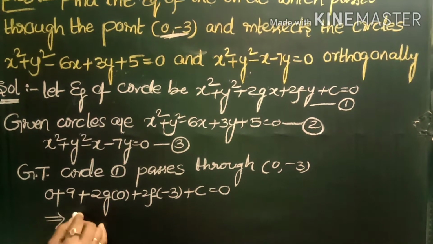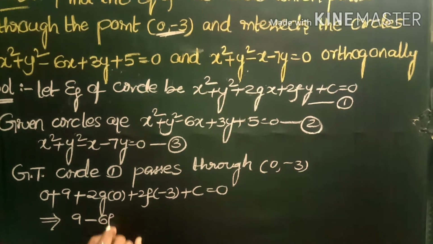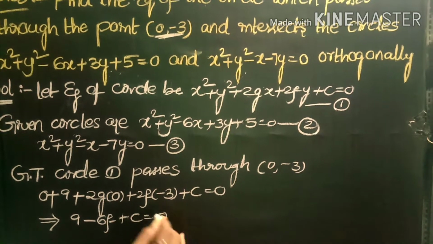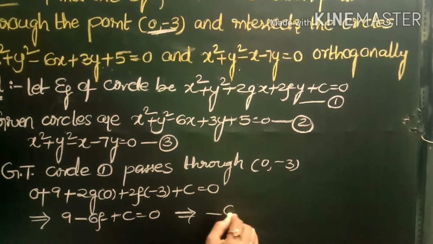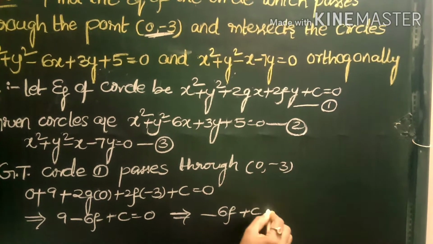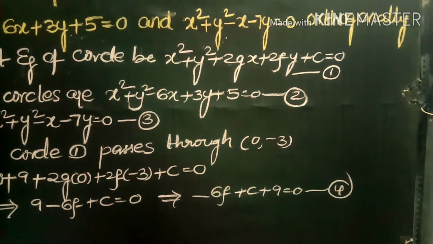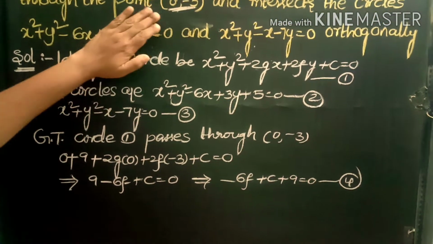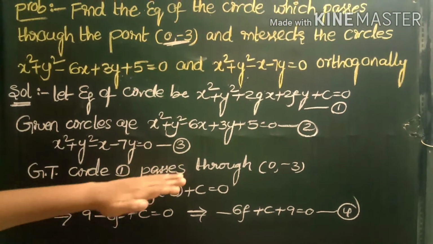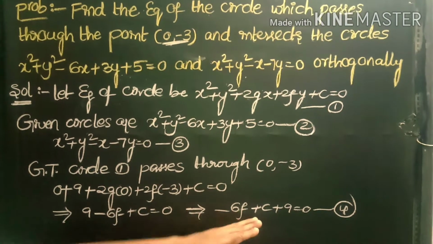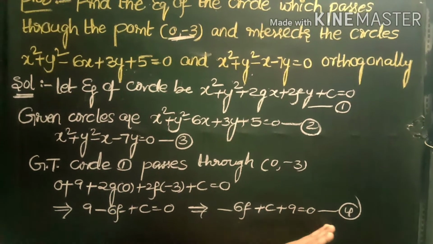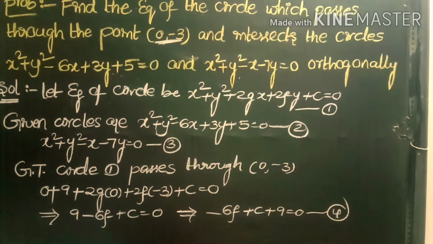That is 9 - 6f + c = 0, which implies -6f + c + 9 = 0. So equation 4. So we are substituting the given point (0, -3) in the circle equation, then we get this equation -6f + c + 9 = 0. We are taking that equation as the fourth equation.